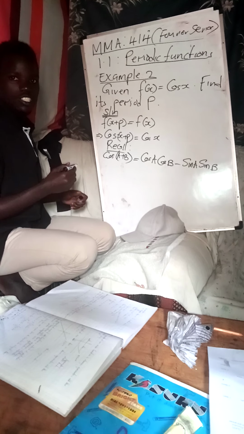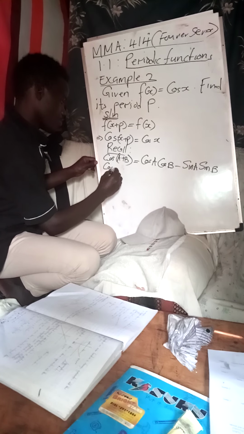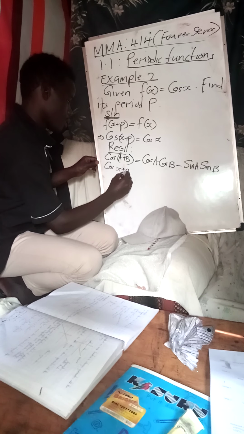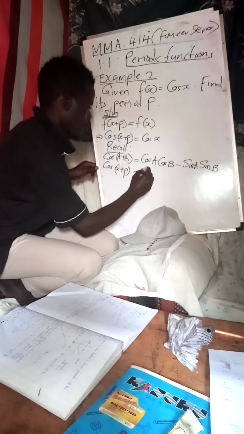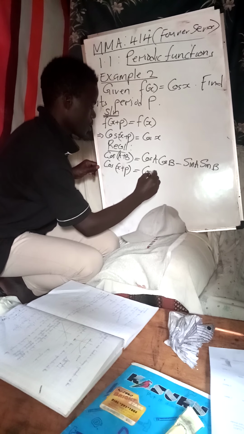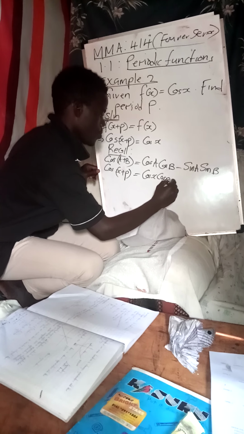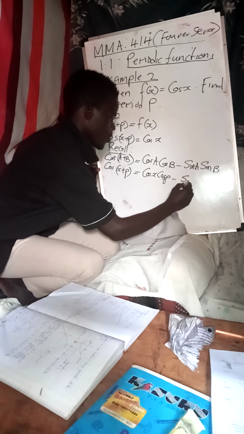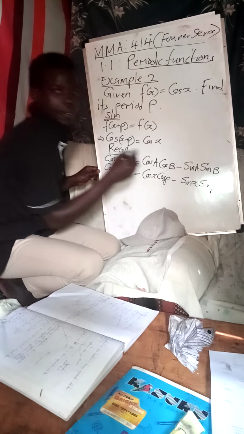Applying this identity in our question, cos of x plus p will be equal to cos x cos p minus sine x sine p.